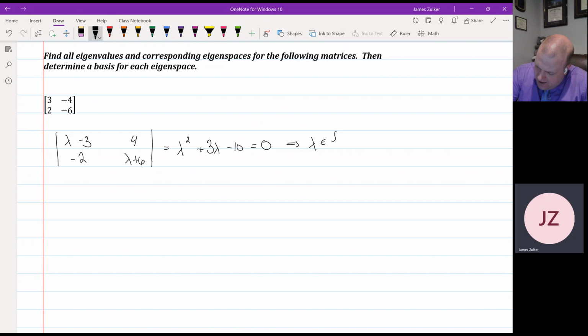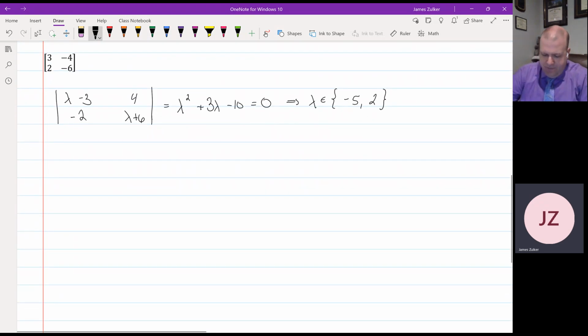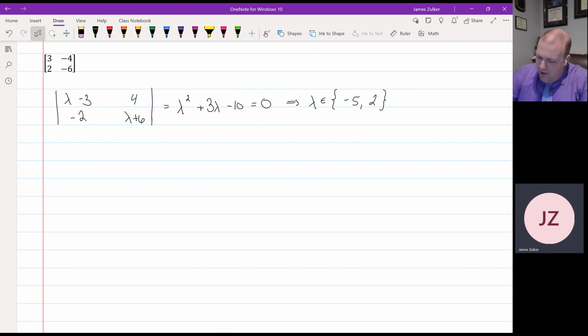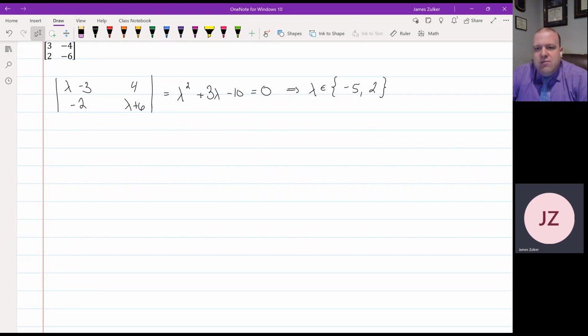What we get is eigenvalues of minus 5 and 2. Each eigenvalue has an associated eigenspace. So let's start with the eigenvalue negative 5.